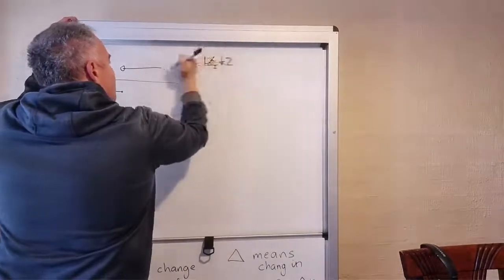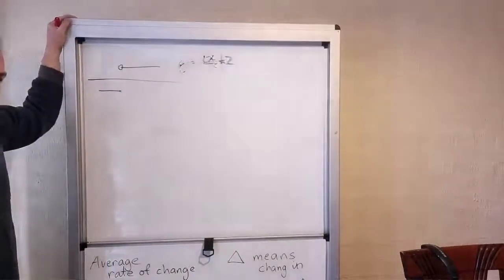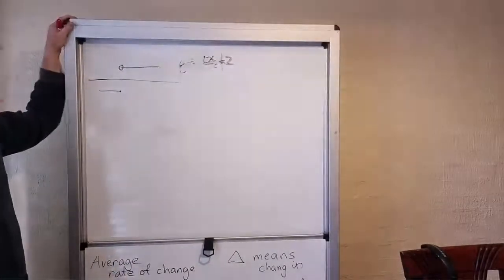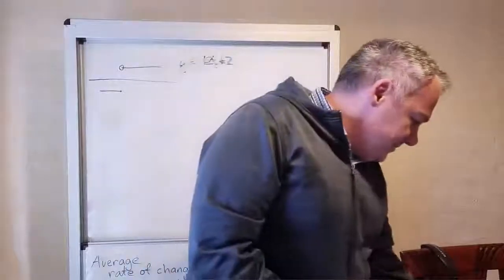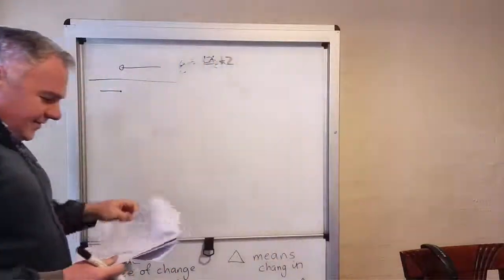Nope. Sorry. Trying to think of a piecewise function on the fly. It's just not working for me today. Thought I had it written down, but I didn't. That makes me very sad.